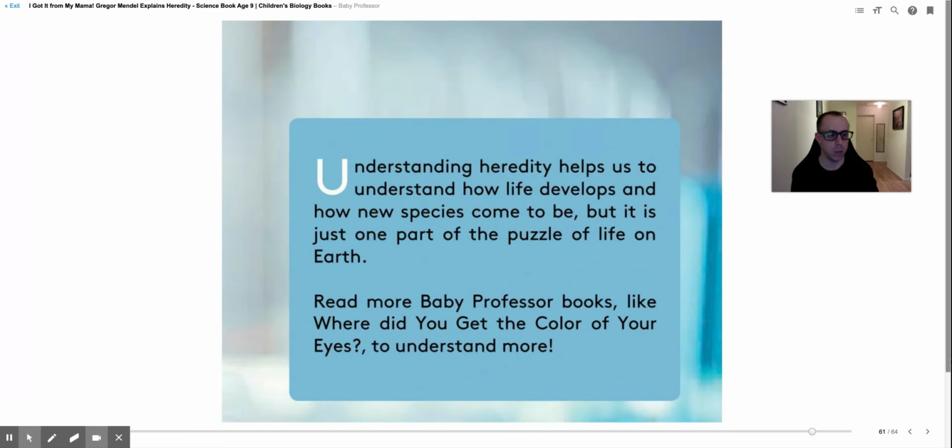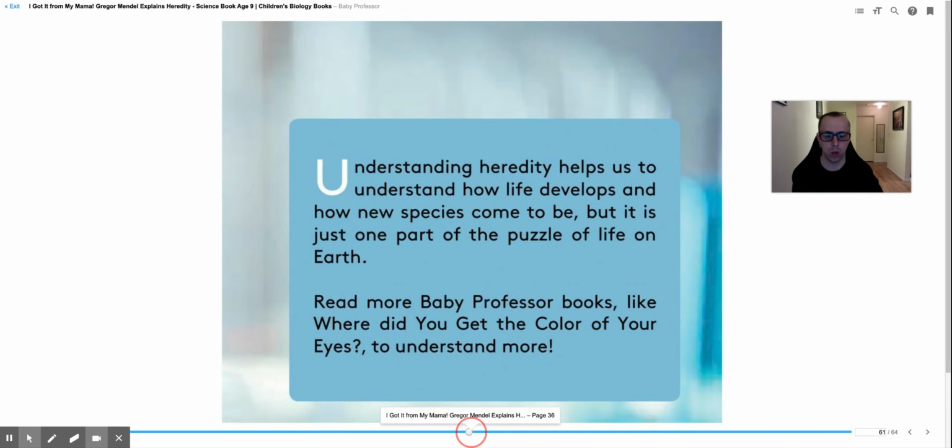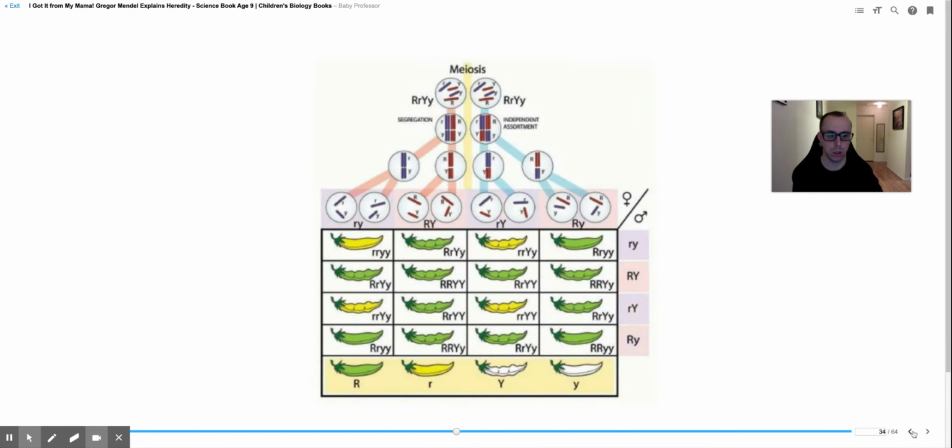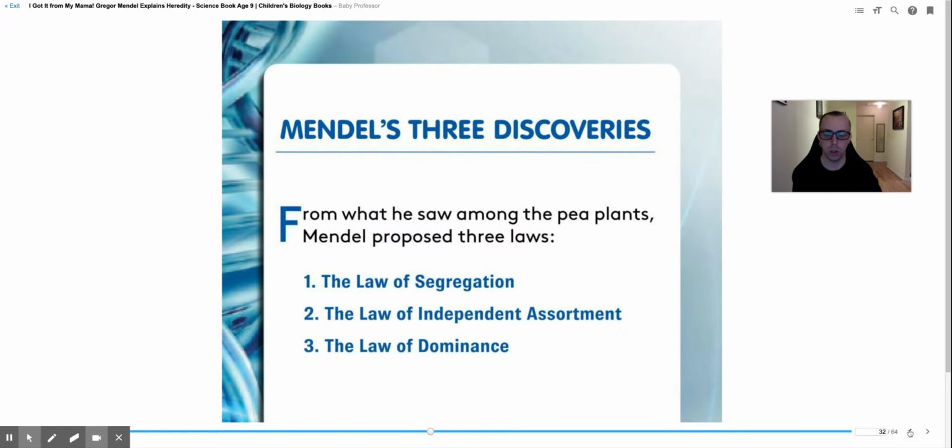So some key takeaways that I wanted to review quickly were that Gregor Mendel came up with 3 laws through his research. The law of segregation, meaning that all traits are separate from each other. They are not connected. Even if you think about eye shape and eye color, they're independent of each other.